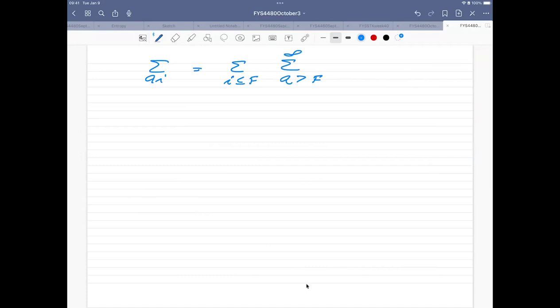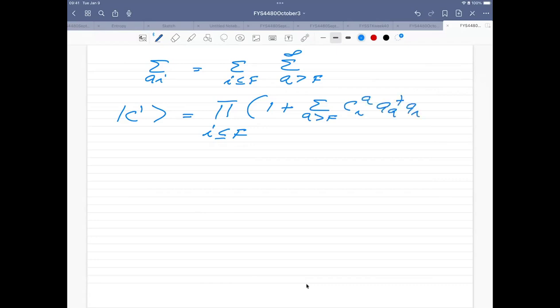So one of the things which we're going to do now is to rewrite that Slater determinant, which we had, C prime, and we are going to rewrite that as a product where we now single out the states below the Fermi level. So these are the hole states. And that means that I would have then the following: 1 plus, and then I have a sum over a of C_ia, and then a_a† and a_i.